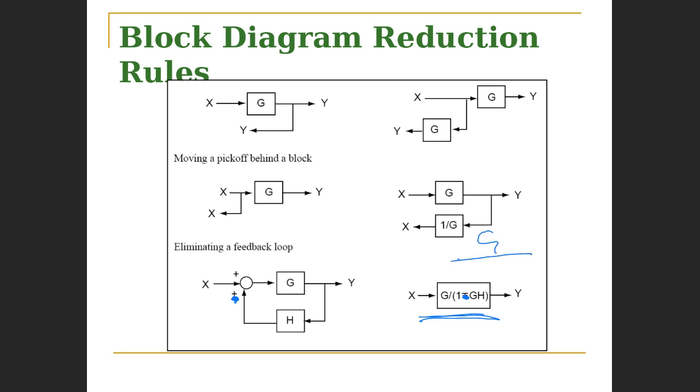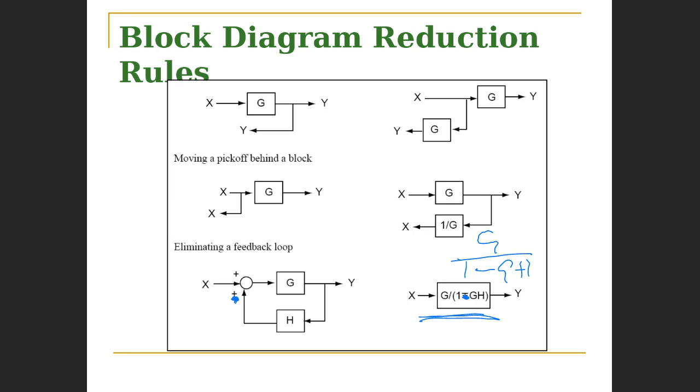G over 1 plus, I'm sorry, let me go again, not plus, because the signs are a little bit dim, or should I say it's not very clear. What you actually have here is G over 1 minus GH. That is the equivalent representation for this one, plus and plus.